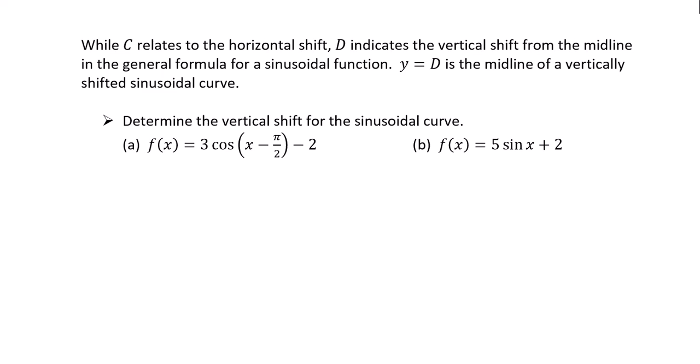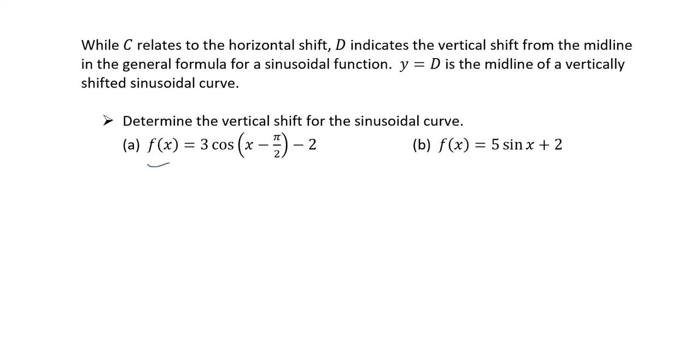While C relates to the horizontal shift, D indicates the vertical shift from the midline in the general formula for a sinusoidal function. Y equals D is the midline of a vertically shifted sinusoidal curve. Determine the vertical shift for the sinusoidal curve.